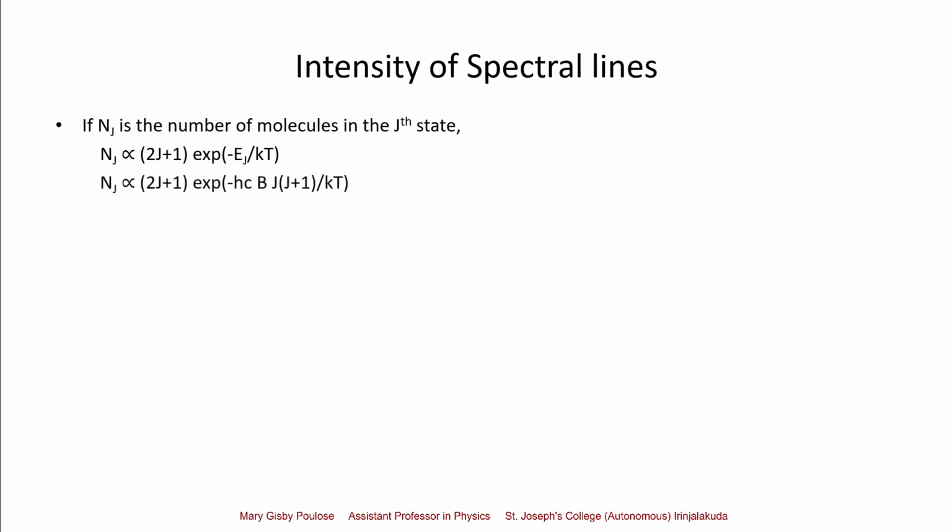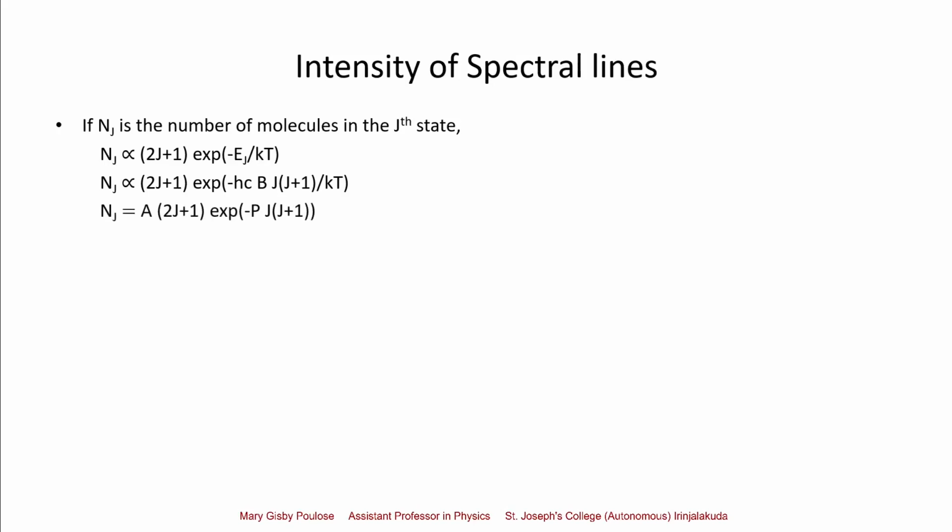Now, substitute for Ej in terms of the rotational constant B. Hence, we will be able to write Nj is proportional to 2J plus 1 into e raised to minus hcB into J into J plus 1 divided by kT.